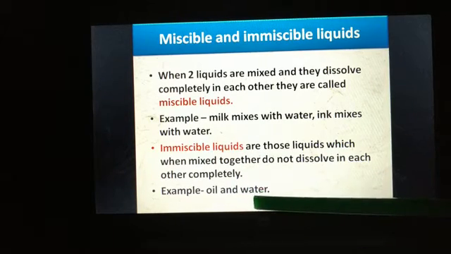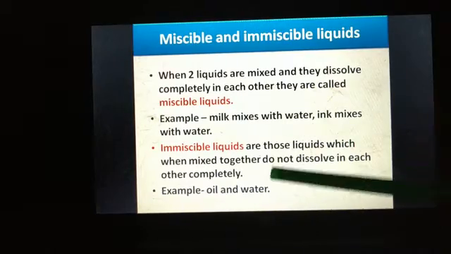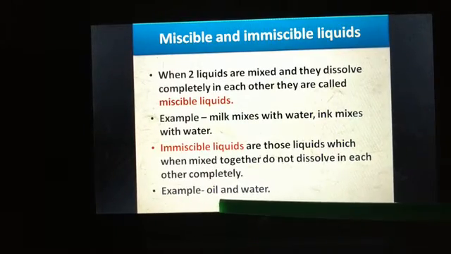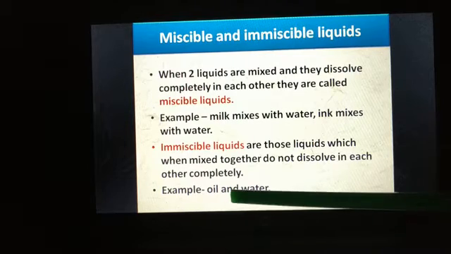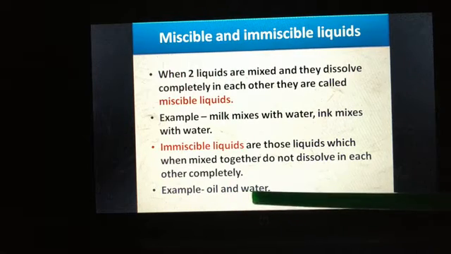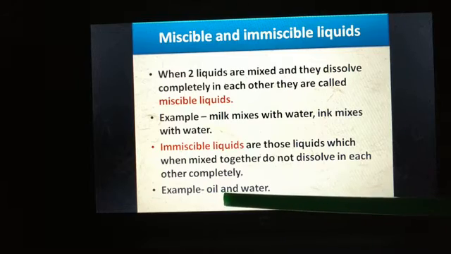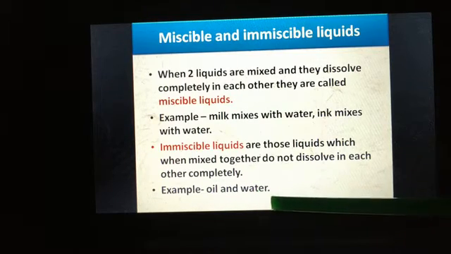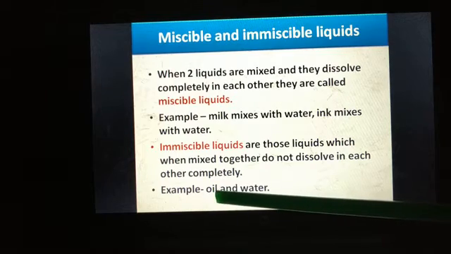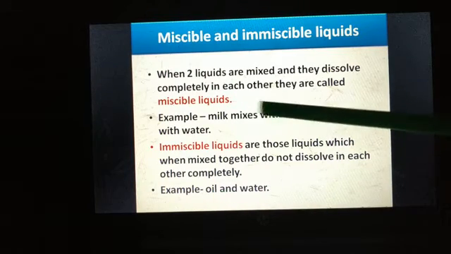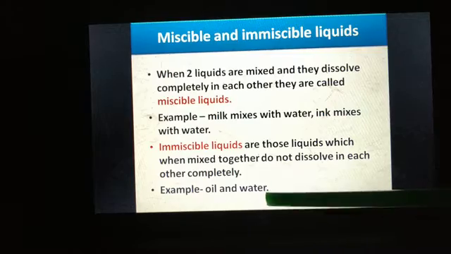This is a very common example where if we try to mix water with oil, we can see the water will not dissolve with oil. They will form two different layers. Since oil is lighter in weight, oil will be present at the top layer and water at the bottom usually.